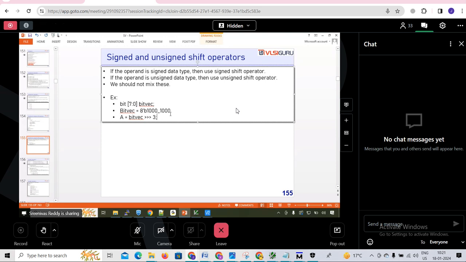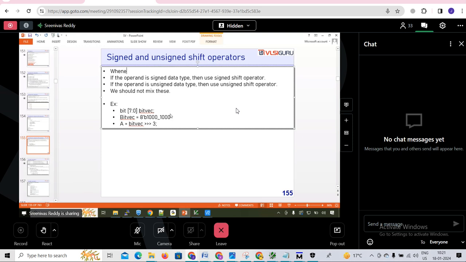Whenever we want to do a shift operation, you check, is the operand a signed data type or unsigned data type? If it is signed, use signed shift. Unsigned, use unsigned shift.